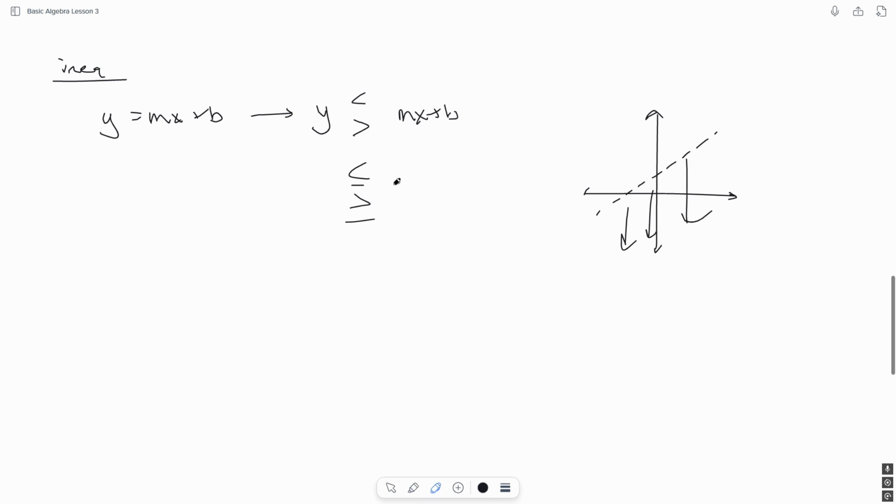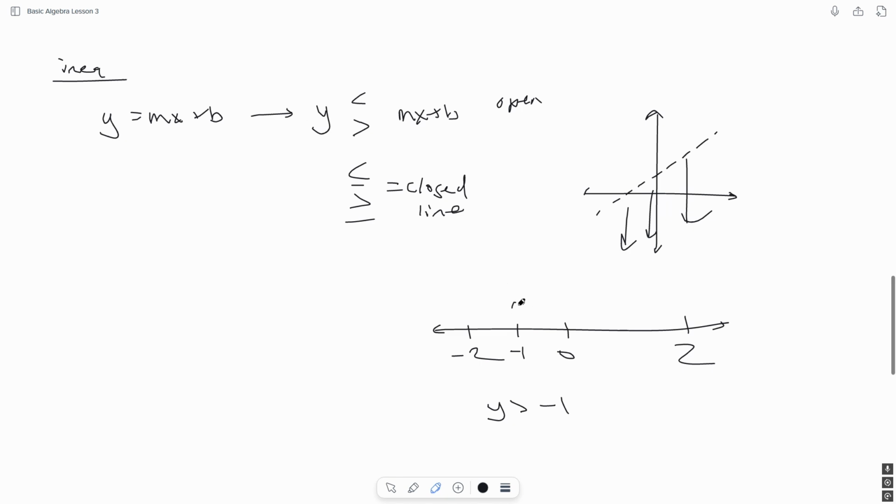And I'll rewrite it here. Closed line. And this is open. And sometimes you'll even see it on a number line where they say, let's say this is 0, this is -2, let's say this is 2. Maybe they'll do something like, if y is greater than -1, it would be an open dot, right?